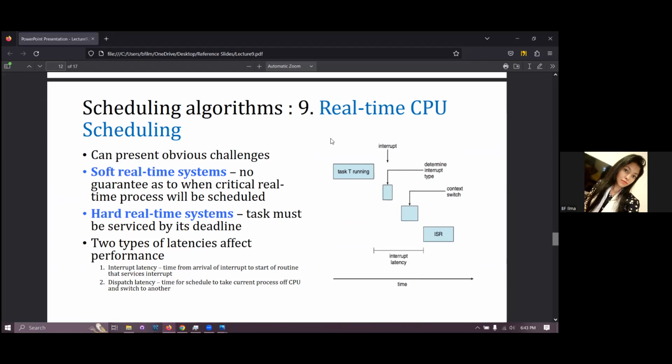Soft real-time systems are where, even if you don't meet the timing constraints for a job to finish, you will have performance degradation, however no critical failures. However, in hard real-time systems, the task must be serviced by its deadline. If you fail to do that, there will be a total system failure.